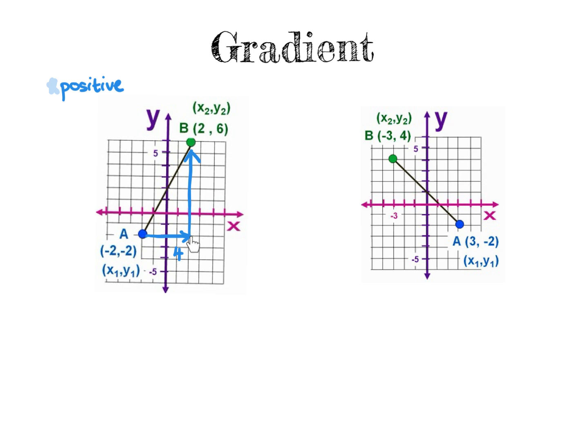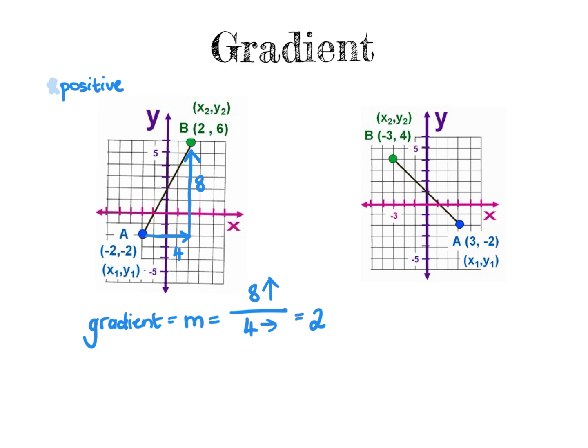And if I count how many up, remember I go from -2 to 6, so you already know that that is 8 up. Let's write this down. So my letter or symbol that I use for gradient is M. So I'm going to write for every 4 across, it goes 8 up. We know it's positive, so therefore I know that it's a positive gradient. So 8 over 4 simplifies to 2.